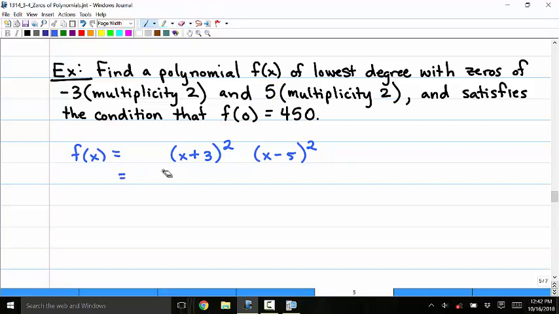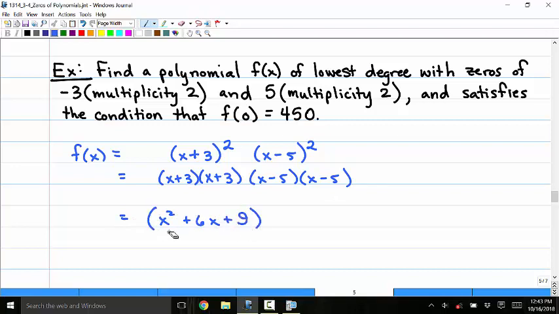Okay, I'm going to do x plus 3 times x plus 3 and x minus 5 times x minus 5. I will get x squared plus 6x plus 9 times x squared minus 10x plus 25.